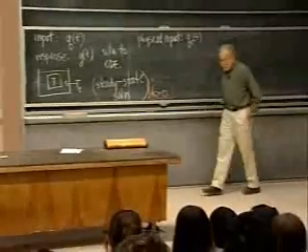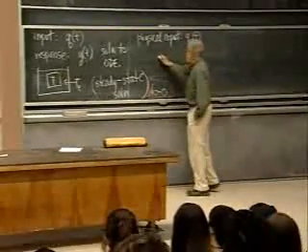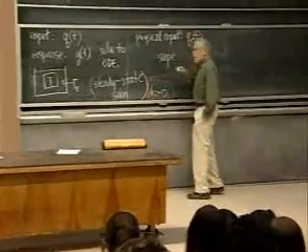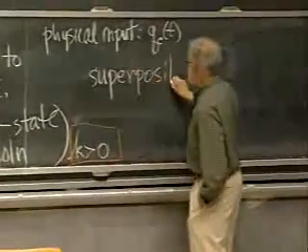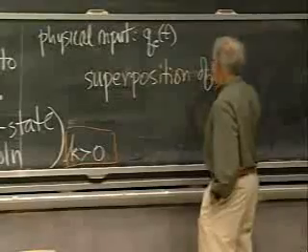So I'll call this the physical input, and then you have the superposition principle, in which I really can't improve upon what's written in the notes. This is the superposition of inputs.